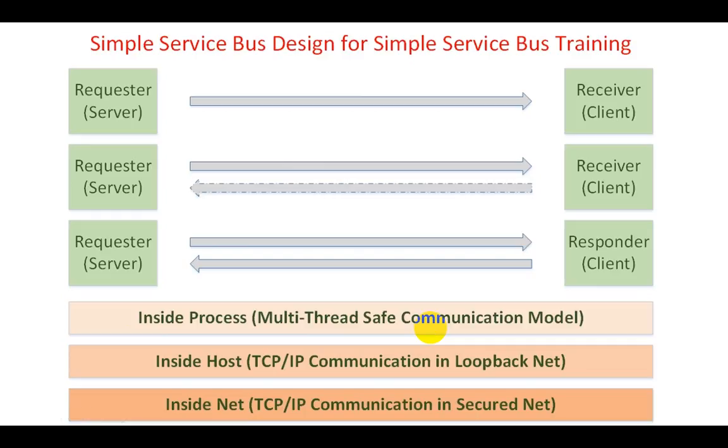For the multi-thread safe communication model, where an application uses a thread safe communication model, you as a developer don't need to take care of multi-threading or synchronization or anything like that. Everything is done by Simple Service Bus. You have thread safe code and don't need to synchronize anything.